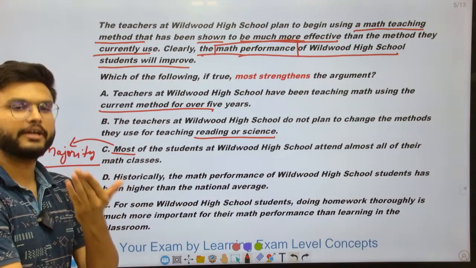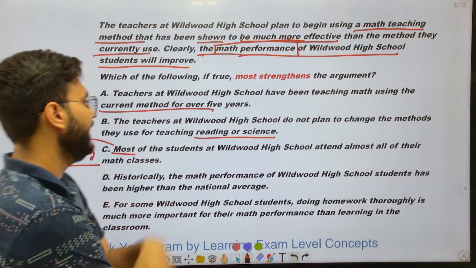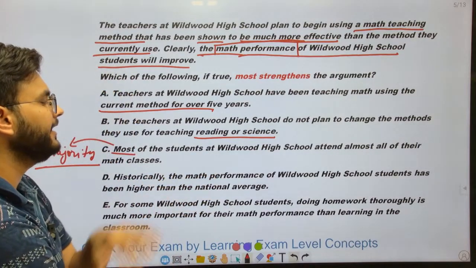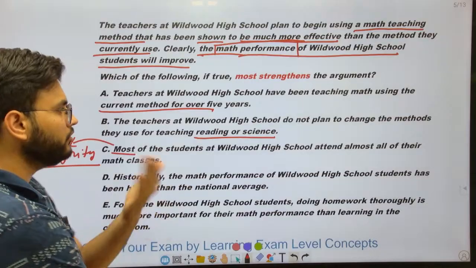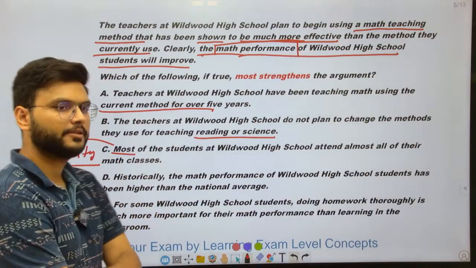Next. Option C says that most means majority. The majority of the students at this Wildwood High School attend almost all of their math class. Now think about it.